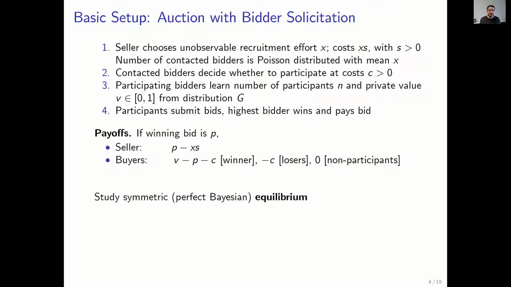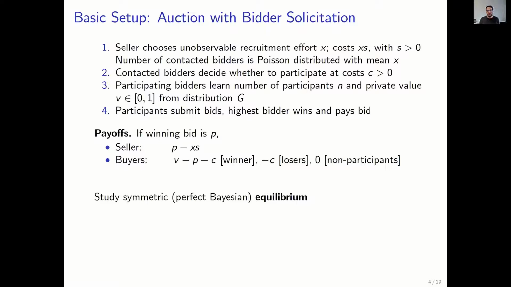Payoffs realize: if the winning bid is equal to P, the seller's payoff is P minus x times s, where x times s is the total recruitment effort. The winning bidder gets the value v minus the price minus the cost. The losers pay the participation cost, minus c, and the non-participants have a payoff of 0. So it's better not to participate than to participate and lose, right? That will be the main consideration of the bidders.